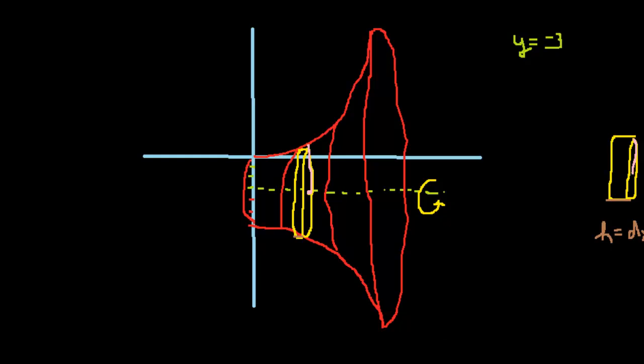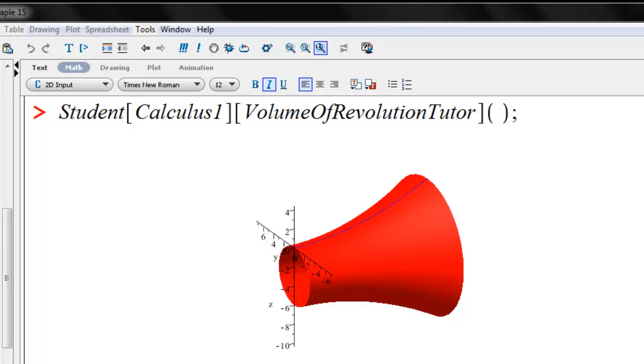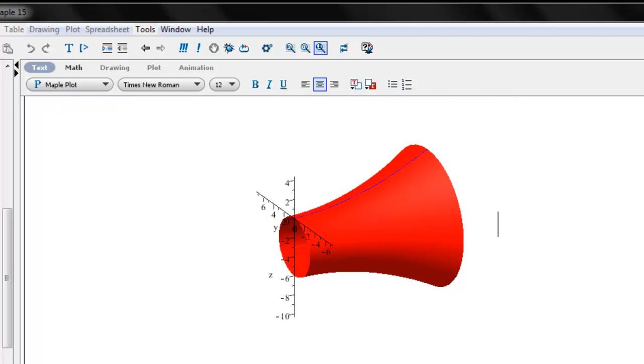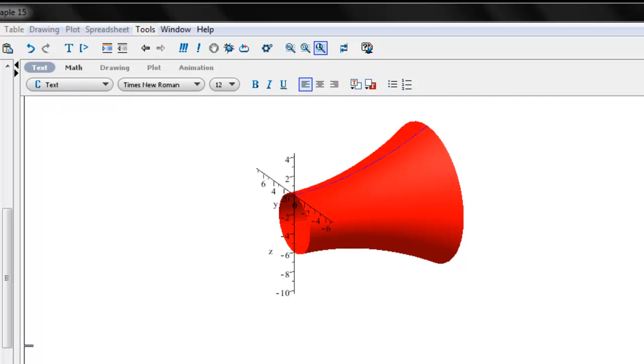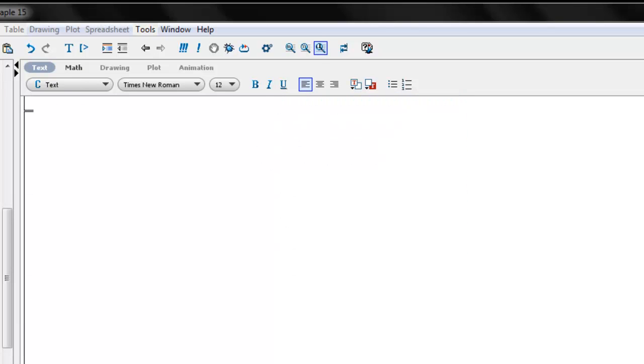Okay, let's hop back over to Maple and put this up at the top of the screen so we can see what we're typing. So we're reminded that volume equals pi r squared times height. And in this case, we have volume and we have pi. That's not going to change.